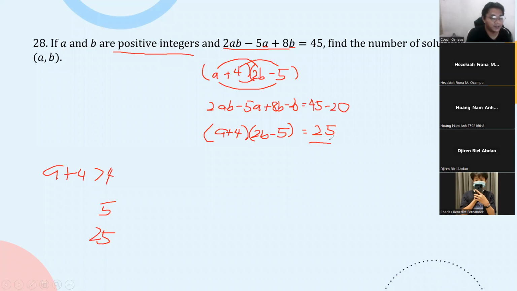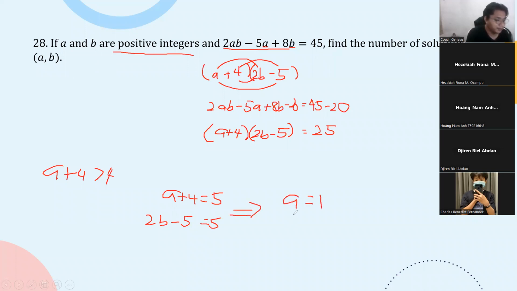Because we need to assign factors of 25. So if a plus 4 is equal to 5 and 2b minus 5 is equal to 5, then we have a is equal to 1 and b is equal to 5.